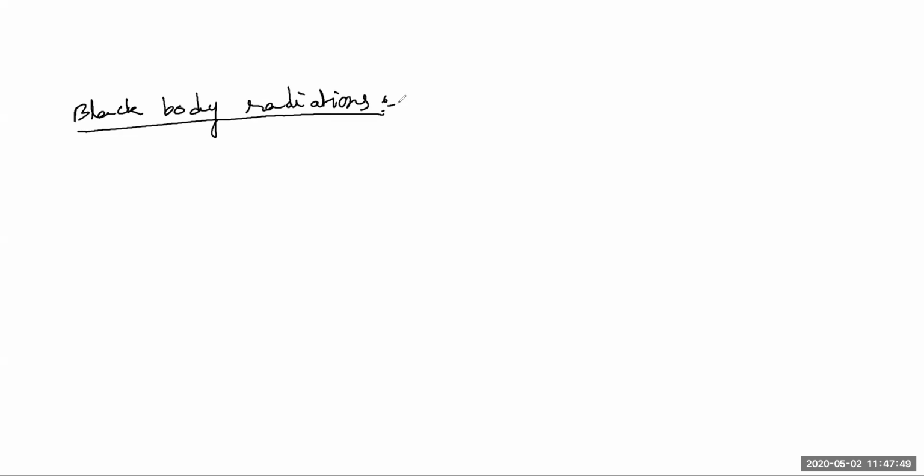Now I am writing points, note it down, all of you. Write point-wise. The ideal body which emits and absorbs radiations of all frequencies is called a black body. Note down.